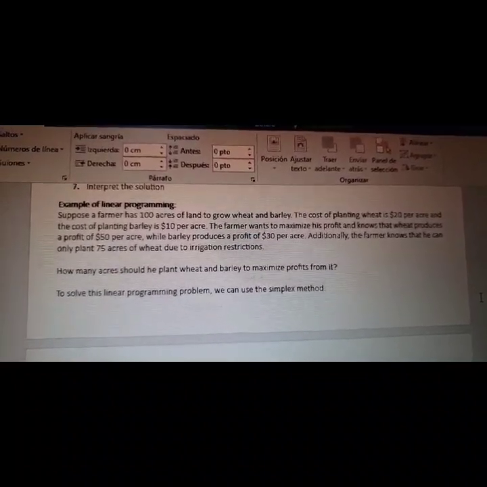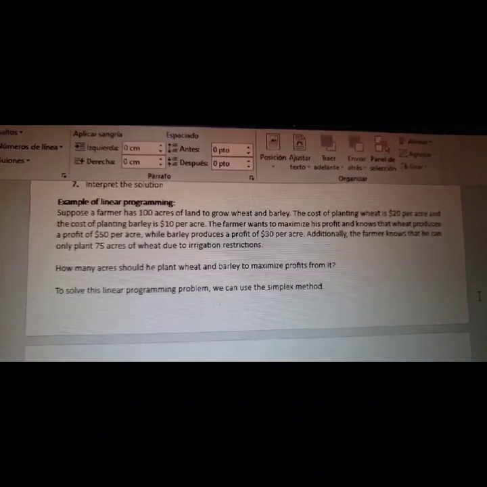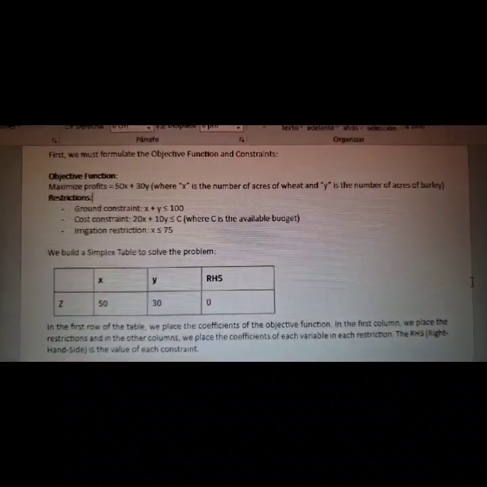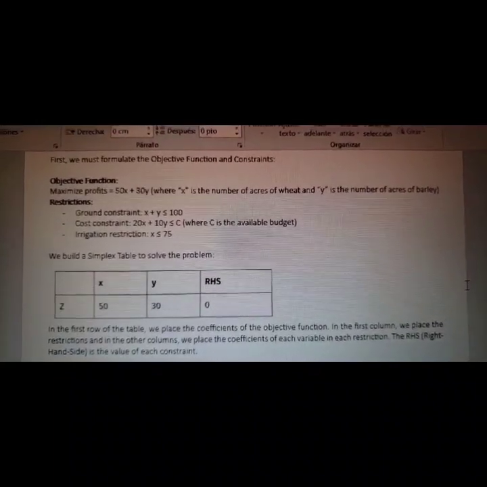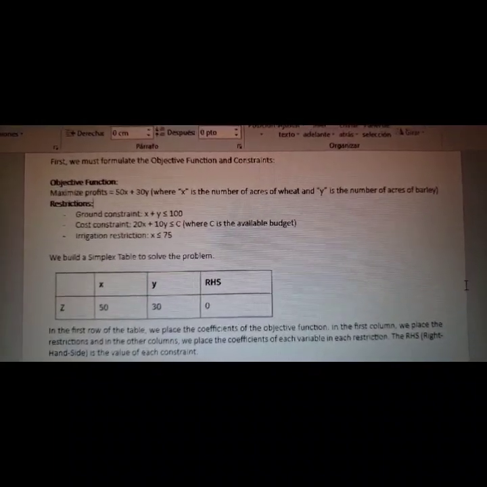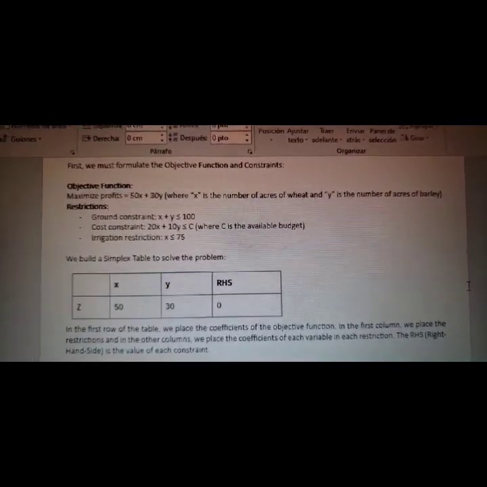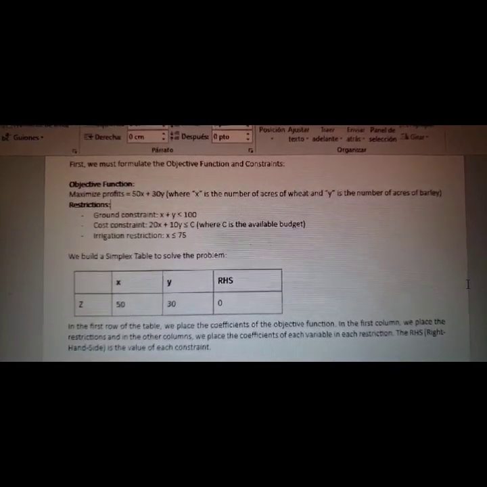To solve this linear programming problem, we can use the simplex method. First, we must formulate the objective function and constraints. Objective function: maximize profit is equal to 50x plus 30y, where x is the number of acres of wheat and y is the number of acres of barley.